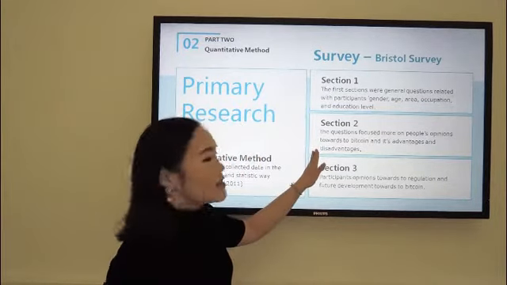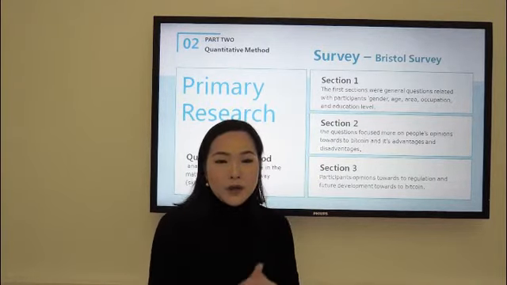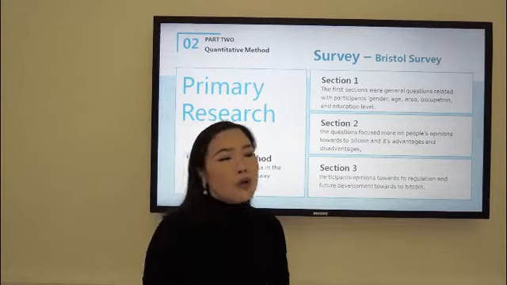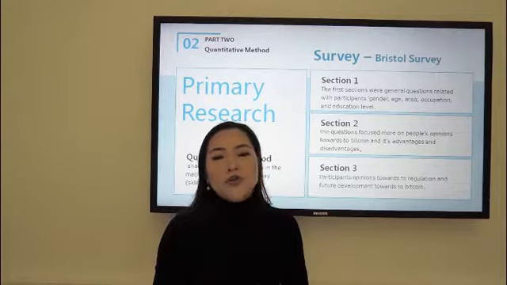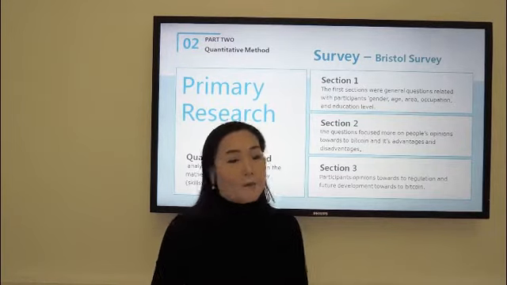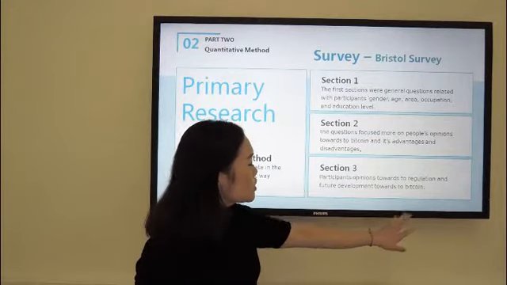Moving to the second section, we focus more on people's opinions about Bitcoin and cryptocurrency, what they think is the most beneficial feature for them, and what is the most disadvantageous feature. And the last section is regulation and future development.